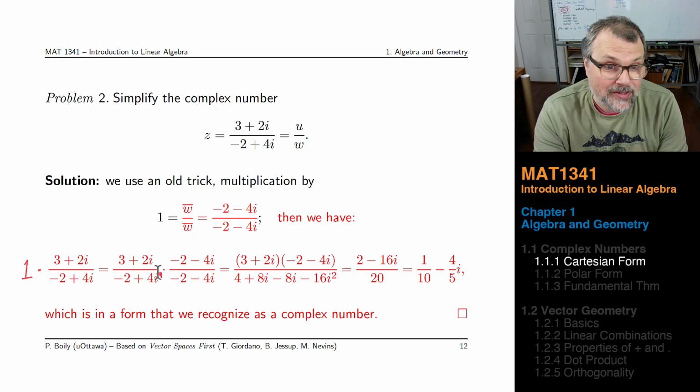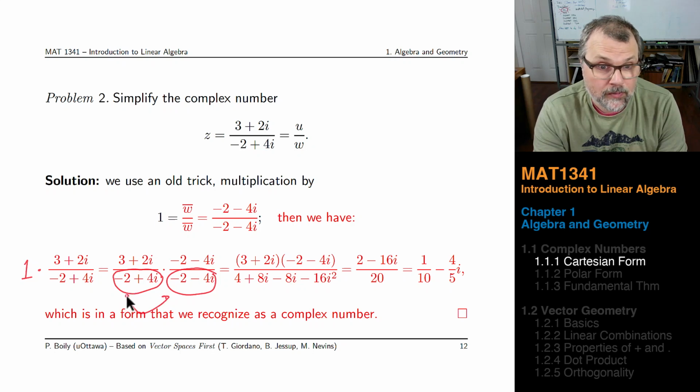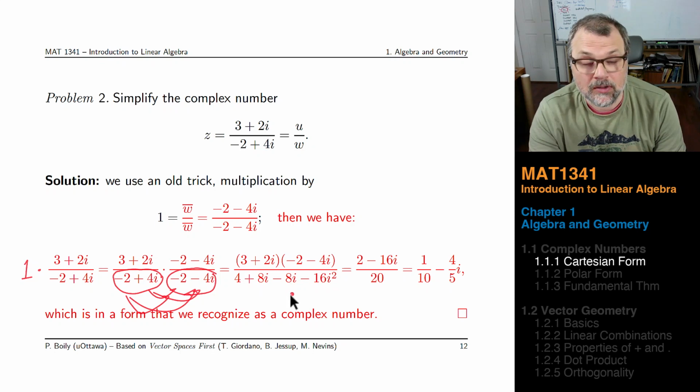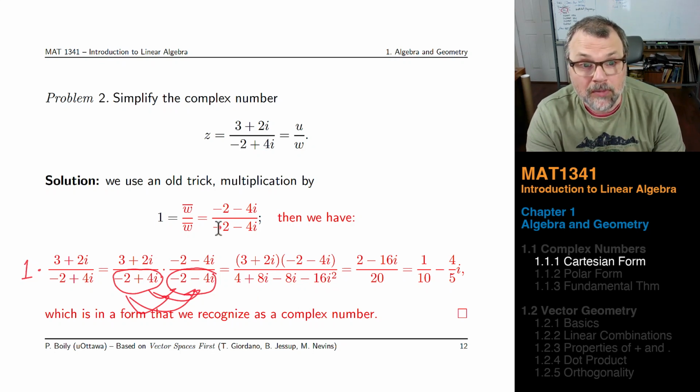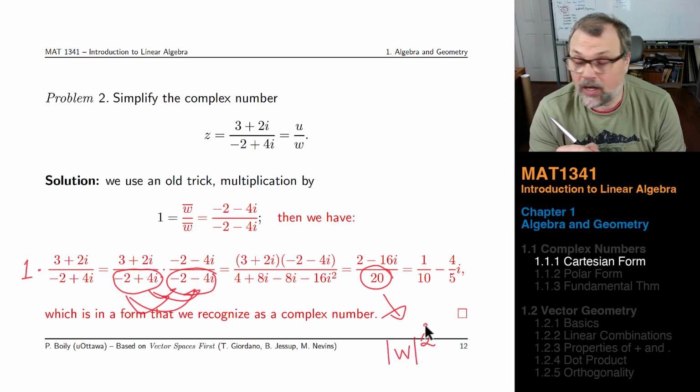The nice thing about this is that these two denominators, when you do FOIL on them, you're going to get back to this expression, which would be minus 2 squared plus minus 4 squared. And that gives you 20, right? This 20 is simply the square of the modulus of the denominator.